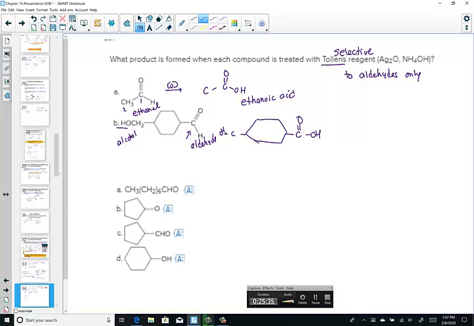Alrighty, here's some more practice. Here we have an aldehyde functional group. So we'd have CH3, CH2 taken 6 times, and then the aldehyde simply turns into a COOH, carboxylic acid. This is a ketone. Ketones cannot be oxidized. This is an aldehyde.